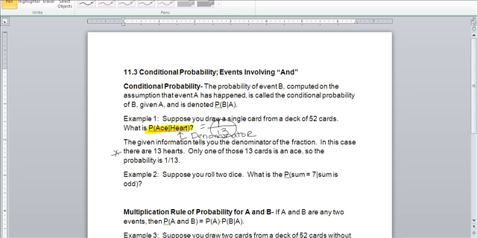Suppose you roll 2 dice. What is the probability the sum is 7 given that the sum is odd? Okay, so for this one you may want to use the table we have in the book. And let's just refresh our memory on the table while I'm finding it here.